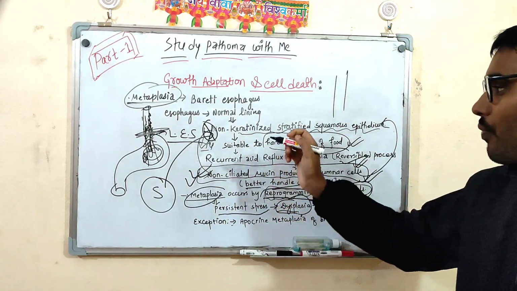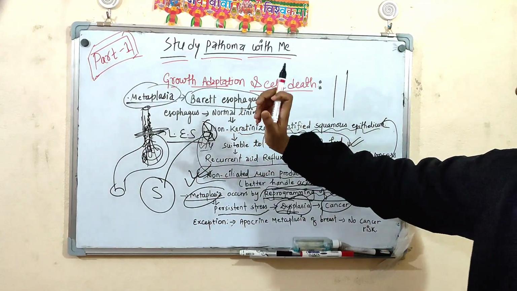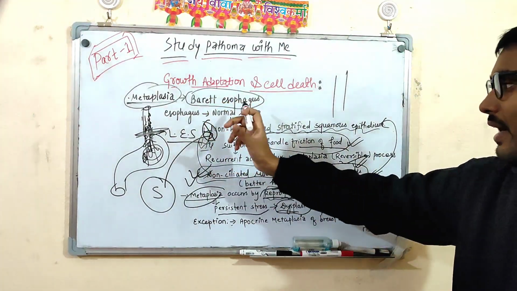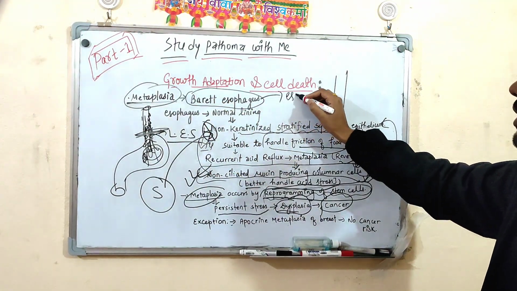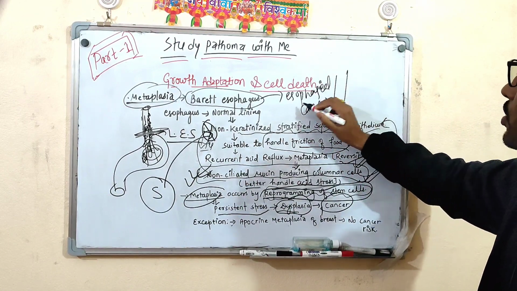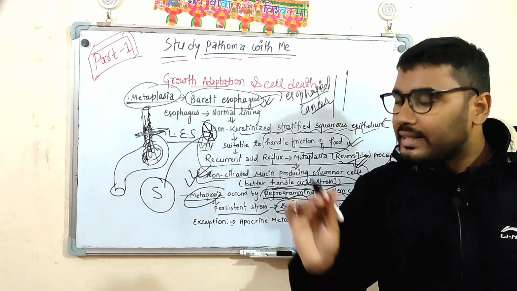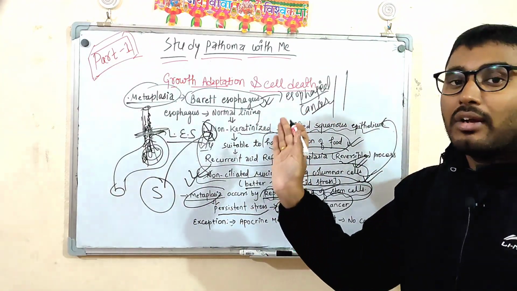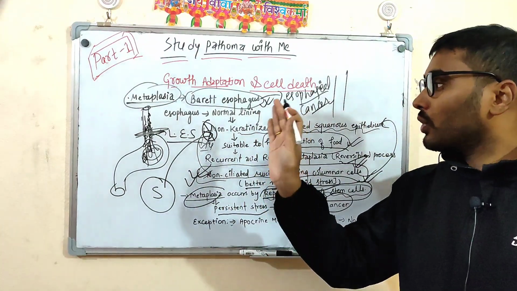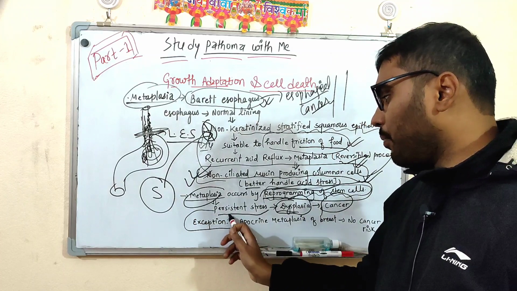Barrett esophagus is defined as the metaplasia of the esophagus, and it can lead to esophageal cancer. So you can say that Barrett esophagus is a pre-malignant lesion, a lesion that comes before the malignancy, before the cancer.